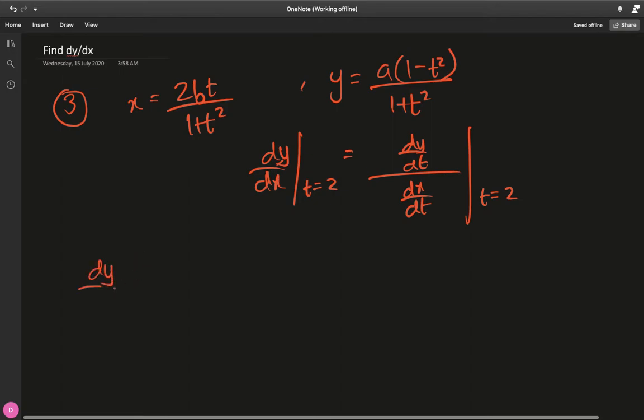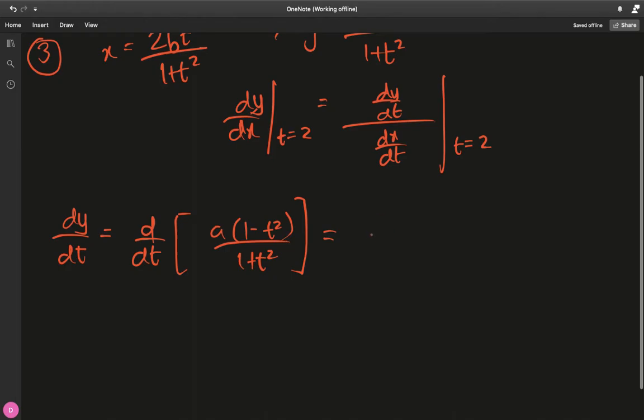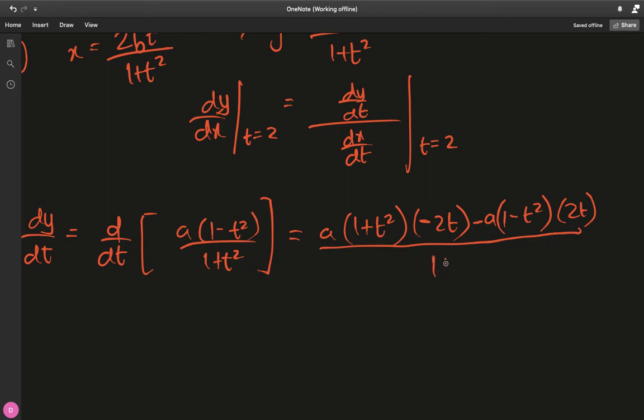So dy over dt is the derivative with respect to t of a times 1 minus t squared over 1 plus t squared. It looks like we're going to have to use the quotient rule of differentiation. So a is a constant times 1 plus t squared as it is, derivative of the inside is negative 2t, minus a times 1 minus t squared as it is, and the derivative of the denominator is 2t, divided by the denominator squared, or 1 plus t squared, the whole thing squared.